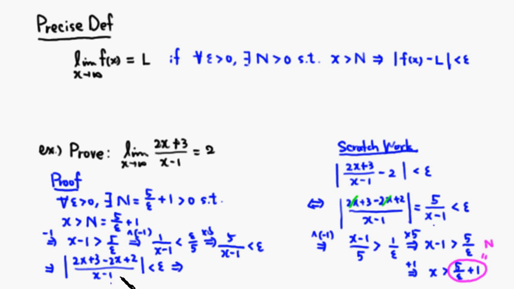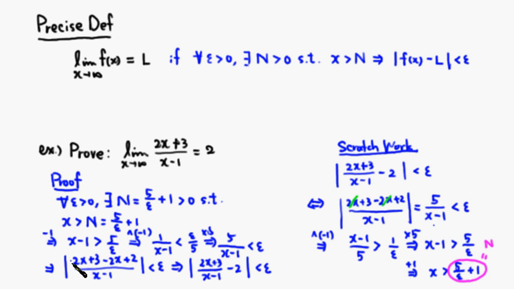But this is really the same thing as the absolute value of (2x + 3) over (x - 1) minus 2, which is less than epsilon. We can put the absolute value sign because 5 over x minus 1 is going to be positive, because x is going to infinity.